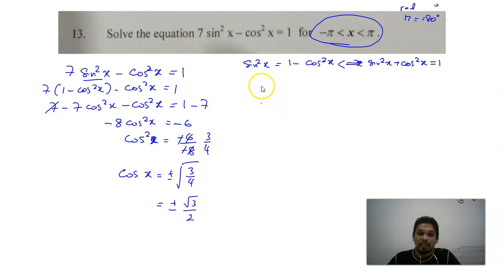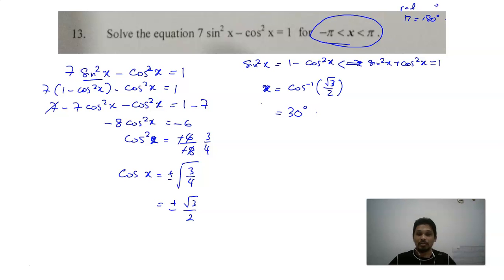So let's find x. We are going to find the basic angle first, before we look into positive and negative. Shift cos inverse of square root of 3 divided by 2 equal to 30 degrees.